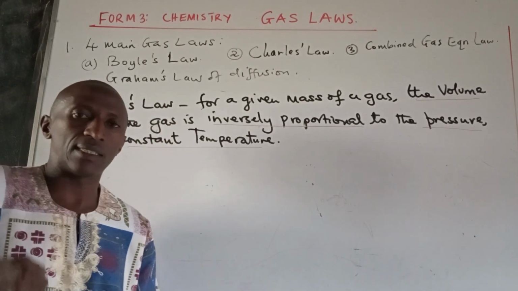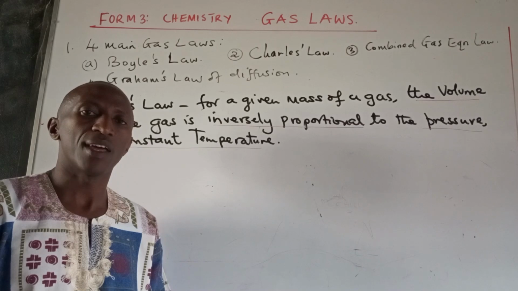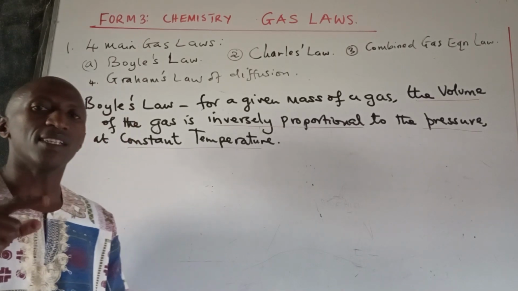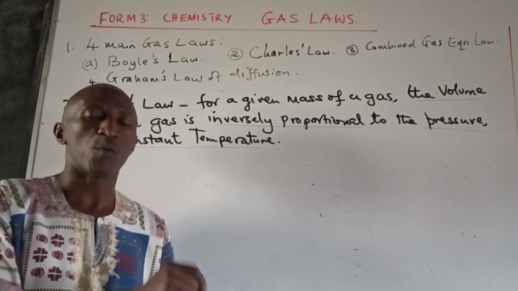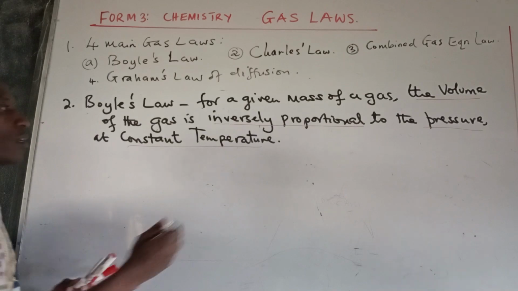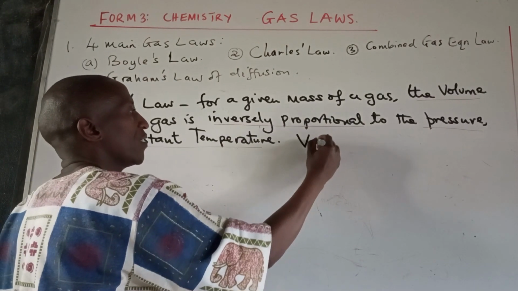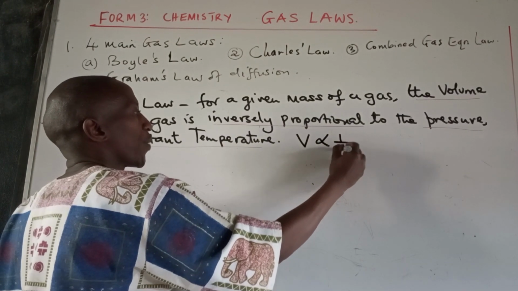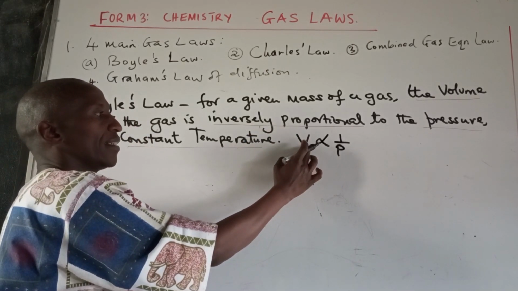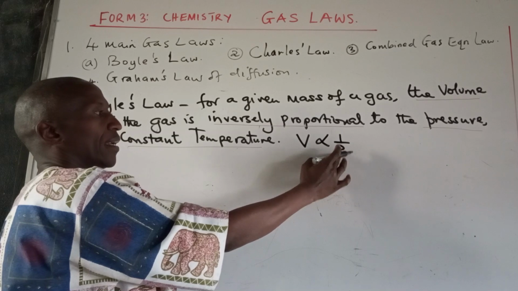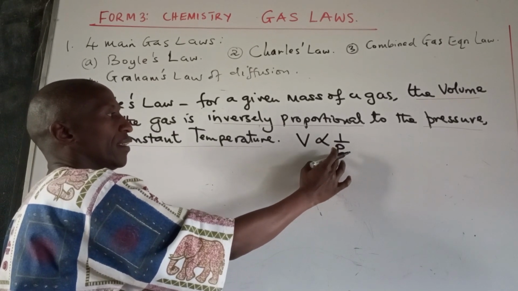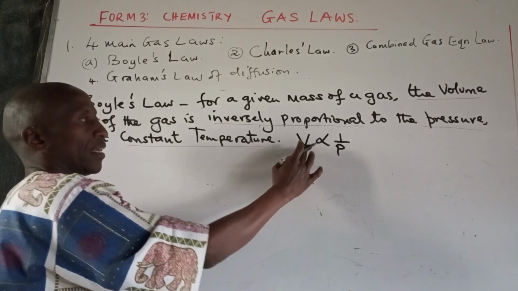As you decrease the volume, the pressure inside the pump increases. That is a case of inverse proportion. That is, the volume is inversely proportional to pressure. As volume increases, pressure decreases. As pressure increases, volume decreases.